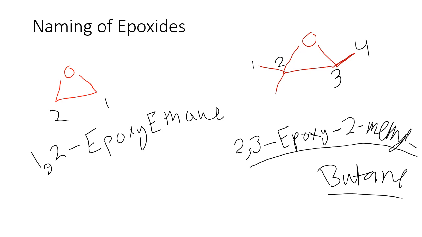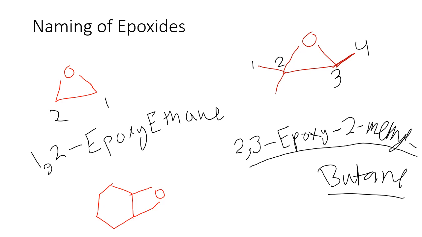We will also talk about, for example, if we want to draw a cyclohexane structure. Let's do this structure over here. If that's cyclohexane, we have an epoxide ring on it. Let me draw it in the appropriate way. This is an epoxide. So how do we name this compound?